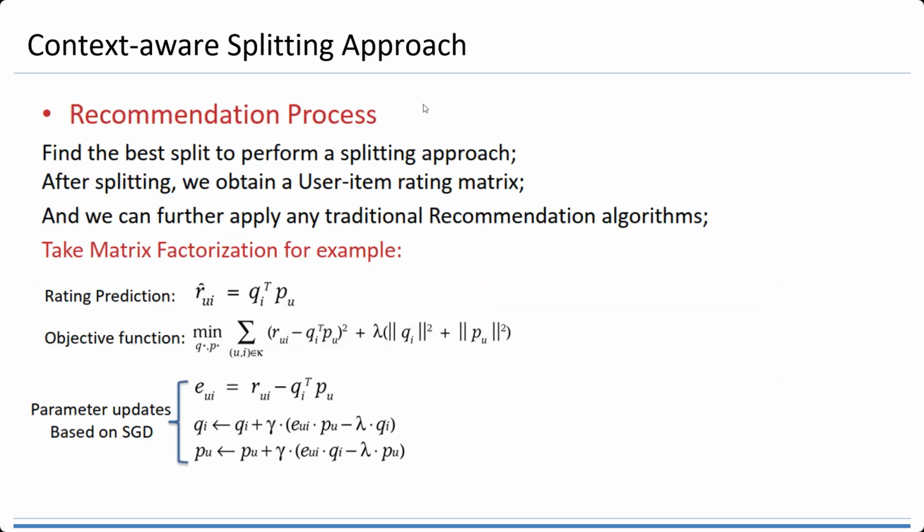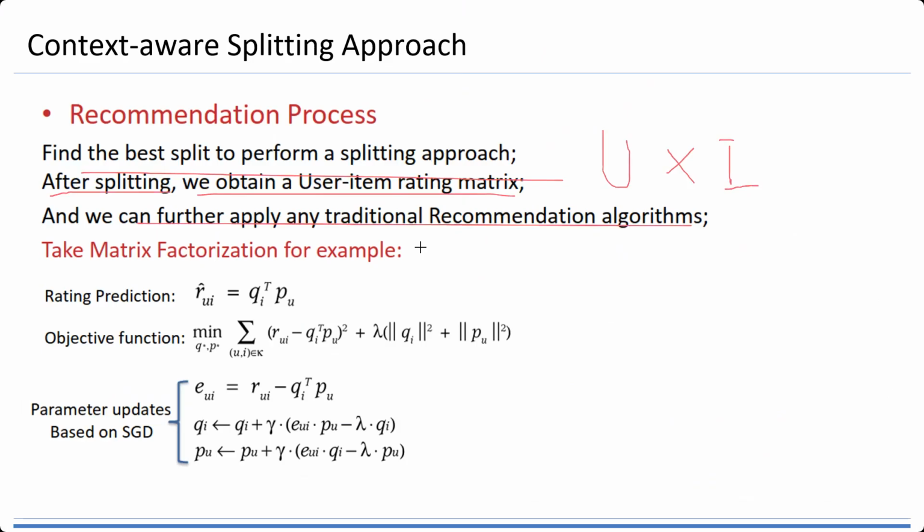So the recommendation process means I can find the best split to perform the splitting approach. After splitting, we obtain the user item rating matrix, and then we can apply traditional recommendation algorithms.